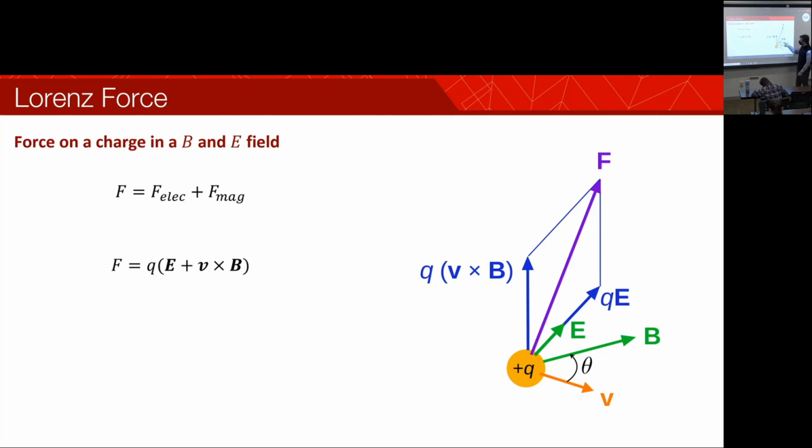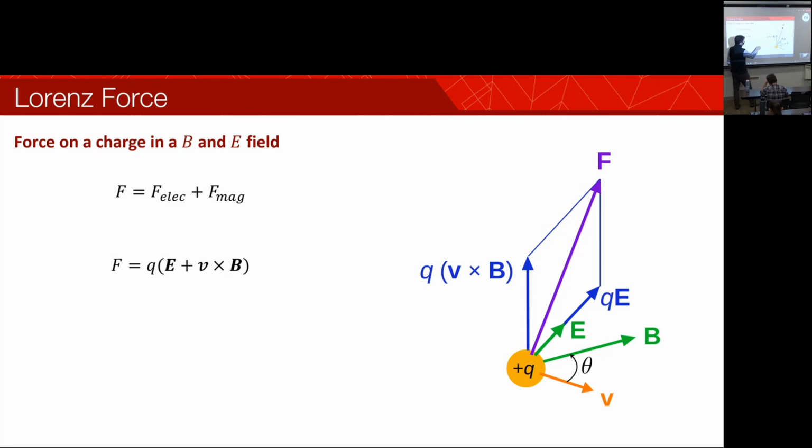That's the electric force component, this QE term. And then the magnetic part: we have a charge Q moving with velocity V. Notice that we only have a magnetic force if we have a velocity. So V cross B in this direction gives me my magnetic force going up.